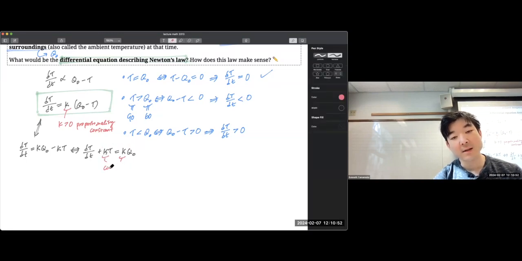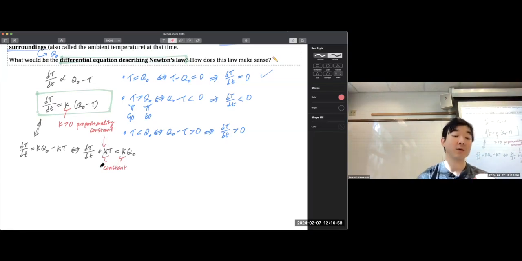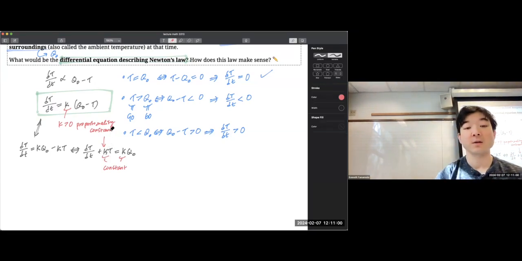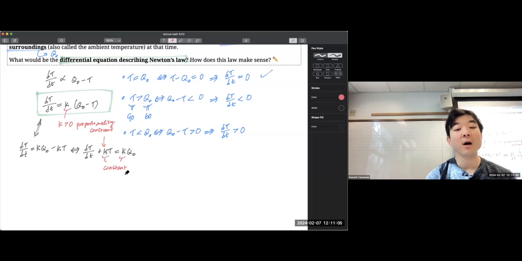Because it's a constant, you can do the method of undetermined coefficients, in particular because this K in front of the T is a constant coefficient. It's going to depend on what our Q naught is, though. If your Q naught was like a polynomial, or a sinusoidal or an exponential, that's going to determine how you build the particular solution in general.